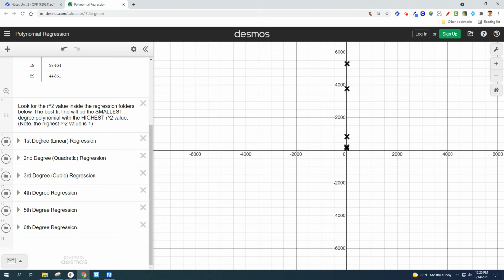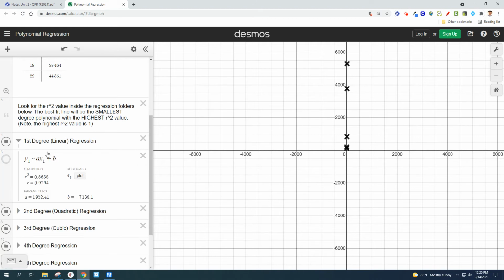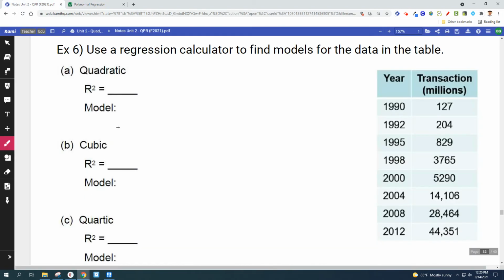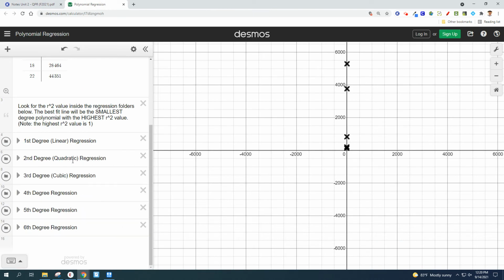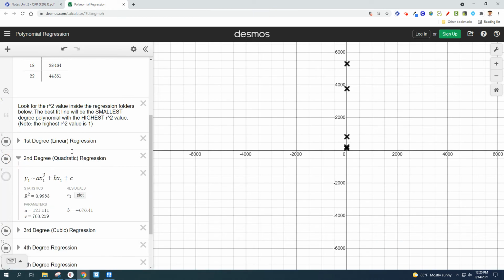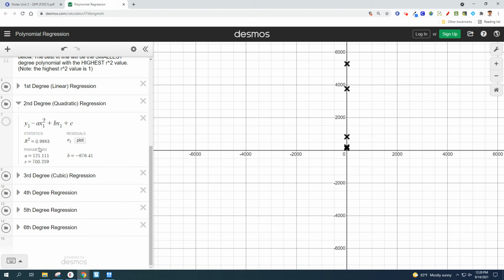All right, so if this was a linear problem, in order to be a line, here's your R squared value. These two numbers right here are kind of telling you how good of a fit it is. Well, going back, really in this example, we're looking at, is it quadratic, is it cubic, is it quartic? So I don't really care about this one. I want to look at quadratic, second degree. See that R squared value is 0.9983.